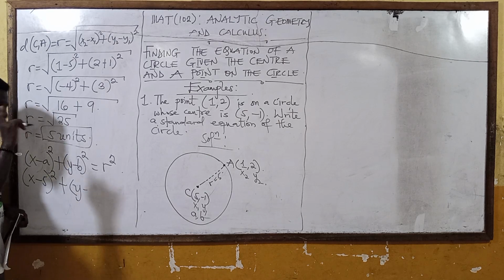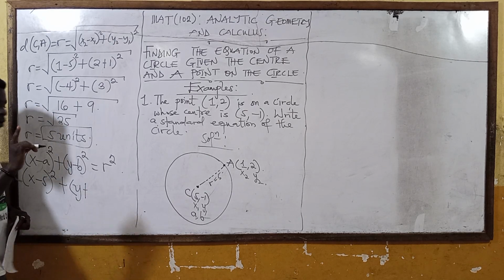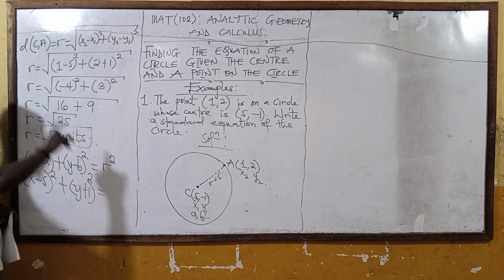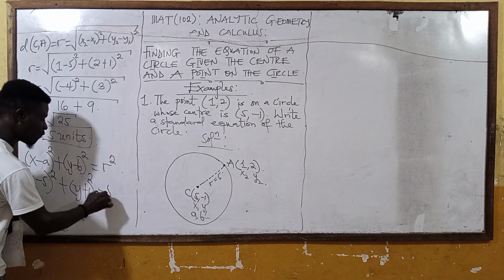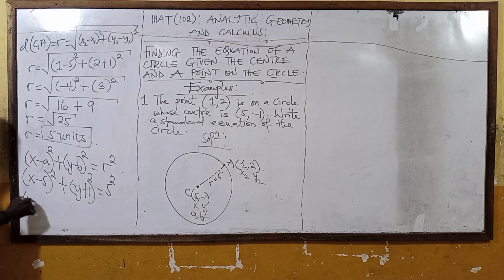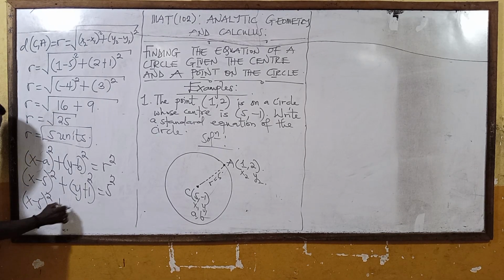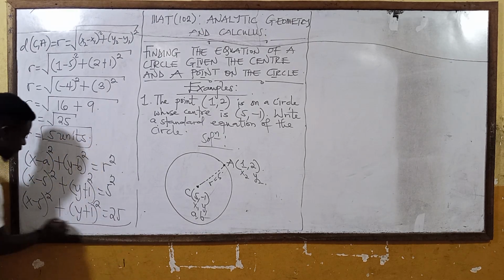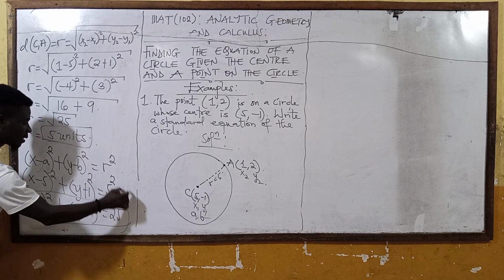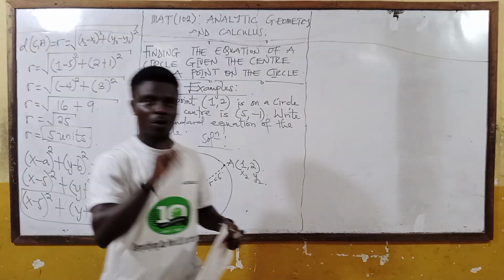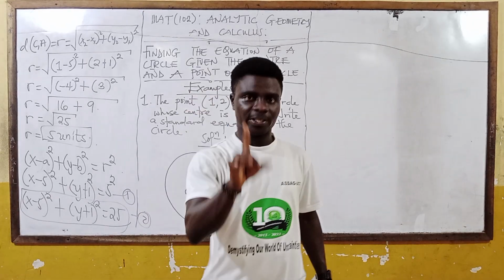So negative and negative when they meet, we get positive. Then plus 1 all squared equals my radius. We obtain the radius to be 5 squared. So now I can say that (x minus 5) squared plus (y plus 1) squared must be equal to 25. So either this or that can be the equation of the circle.